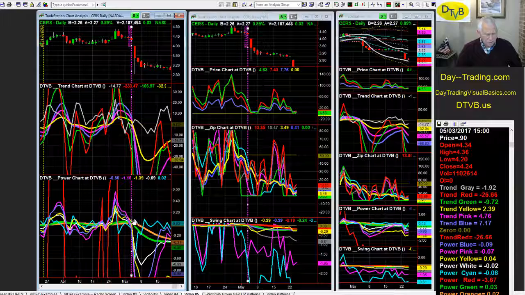And all your power lines have moved negative, or most except for yellow, all your power lines have moved underneath the 0, and you have the contributing factors of the ZIP Zion going down and being the highest.